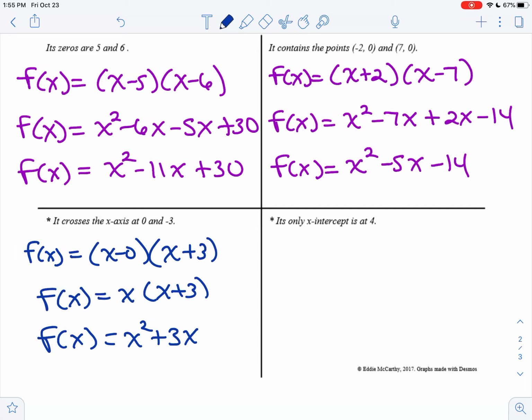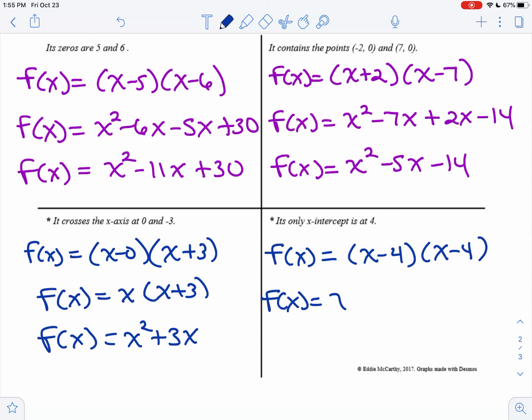And in our last one, its only x-intercept is at 4. Okay, well, it actually has to have a double intercept. If it only hits the graph in one spot, what that means is, you'll learn more about this in Honors Advanced Algebra, but that means that you're going to have two factors of x minus 4 instead of 1.